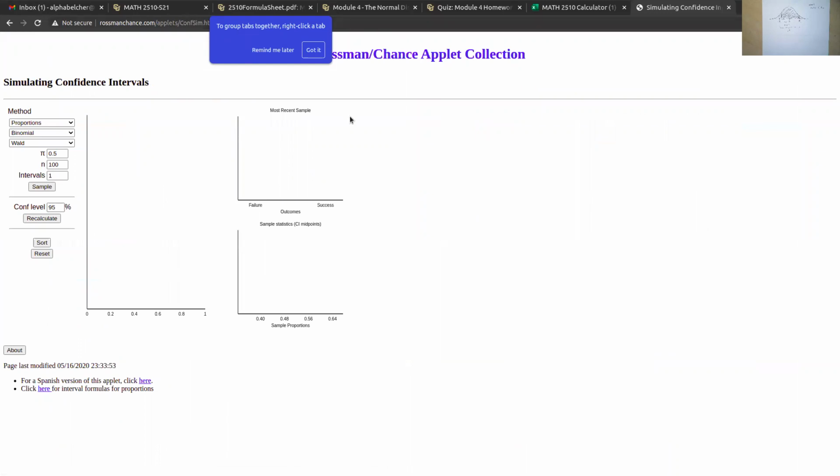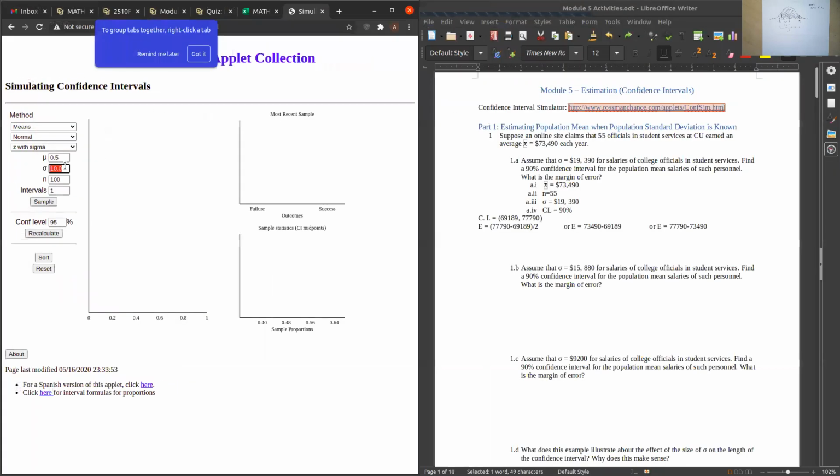So let's use our information. So method, we want to go to means, right? We haven't gotten to proportions yet. Normal, Z with sigma. And let's go ahead and fill in our numbers here. So our sigma is 19,390. N was 55. And then we don't know the population mean.